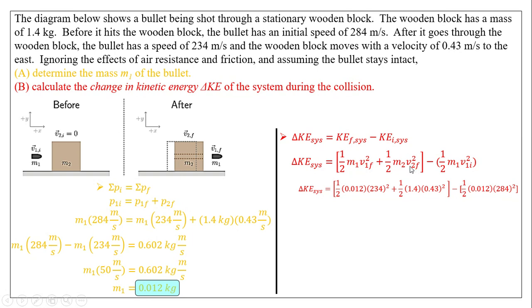The final speed of the block is also given as 0.43 in the statement at the top right of the screen, and we're going to square that. I put everything in brackets because we're going to add KEF together and then subtract it from KI. KI is only the mass of the bullet and the speed of the bullet, because the block was initially at rest. So I'm just going to simplify these terms.